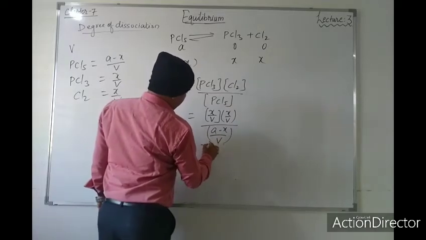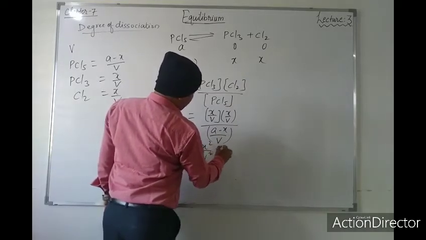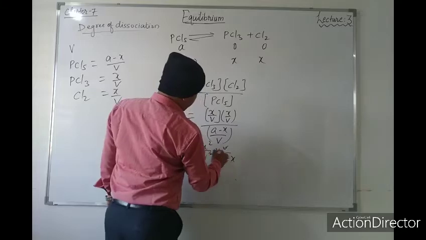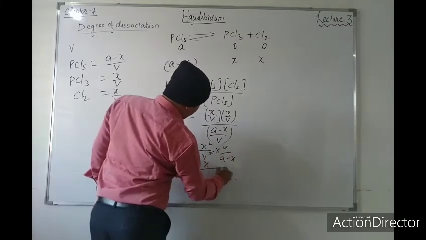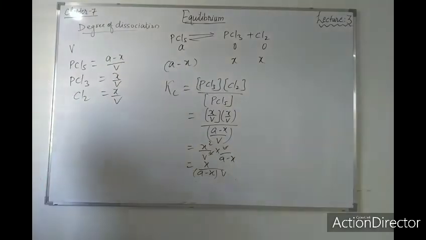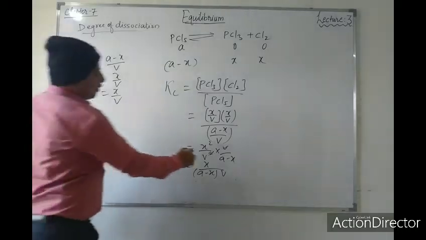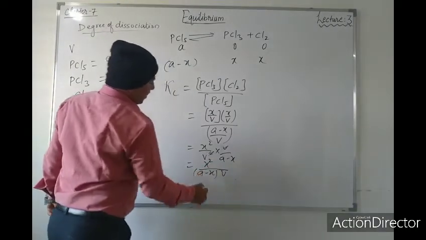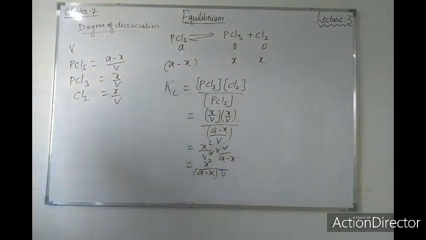So here x square by V square into V by a minus x, we cancel. So what will be the value of the equilibrium constant? x square upon a minus x into V.